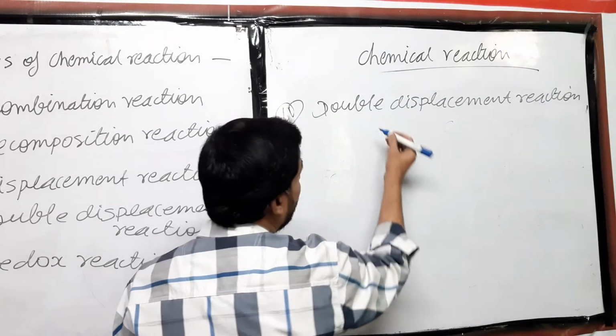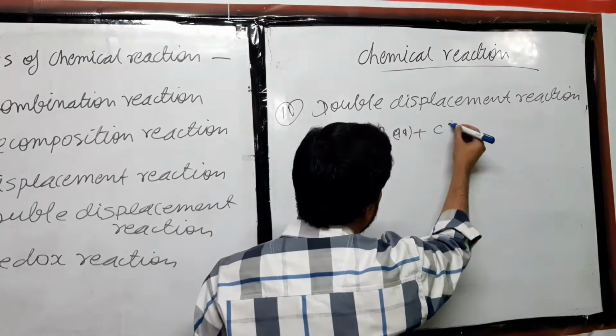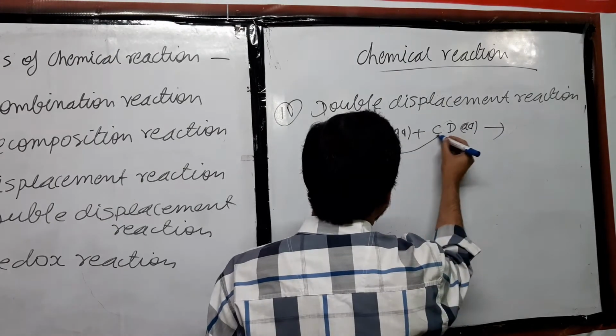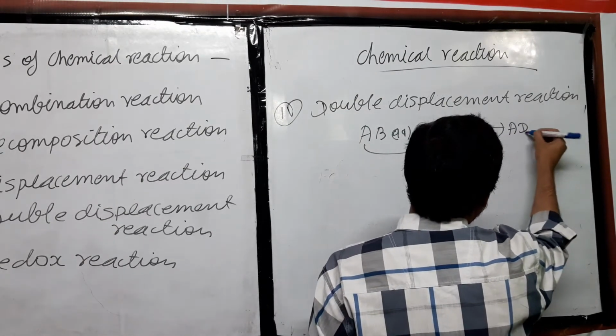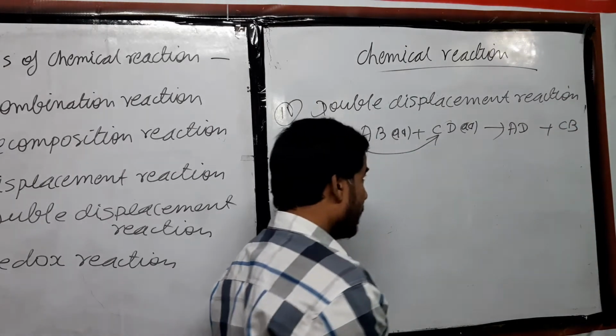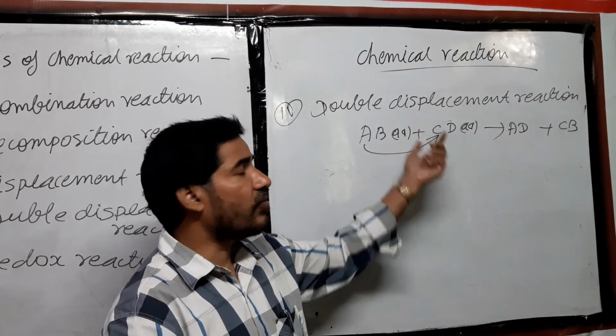Its general format is AB (aq) plus CD (aq) gives AD plus CB. Here you are seeing both the reactants are present in the form of aqueous solution.